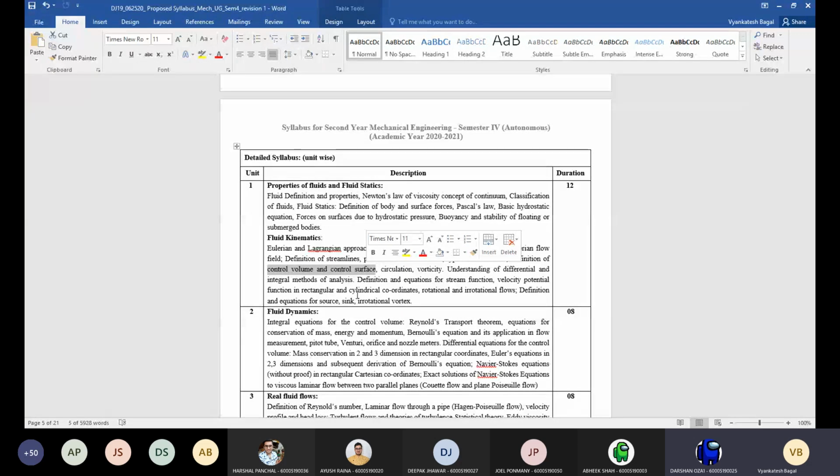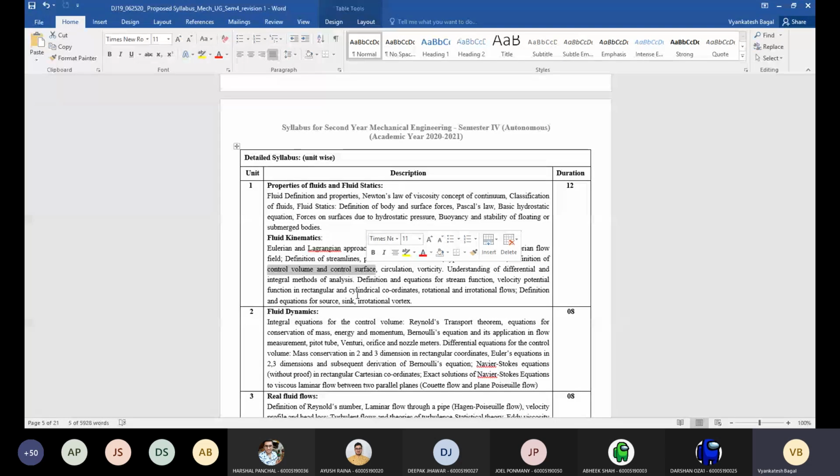So you should be in a position to select the control volume. In thermodynamics it is a simple situation, but in fluid mechanics, you will decide how to select the control volume and what should be included and what should not be included in the volume. As an engineer, you should be in a position to decide all that.